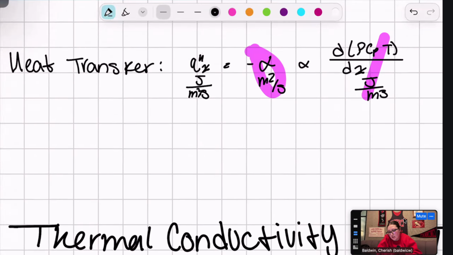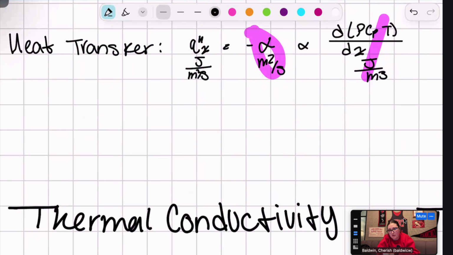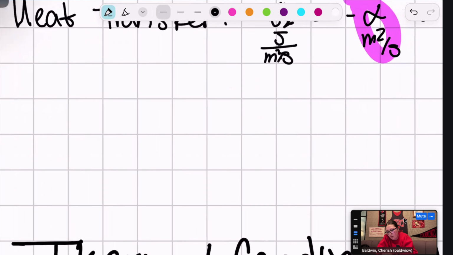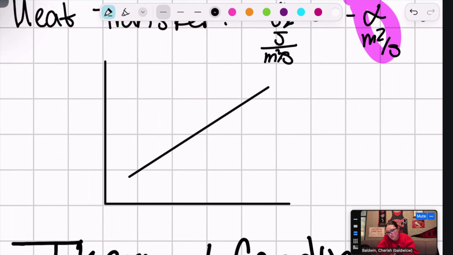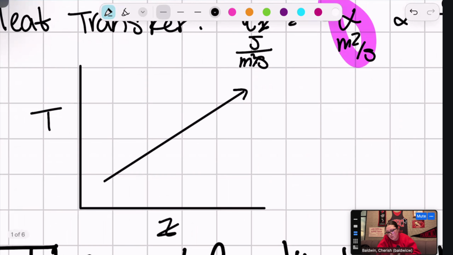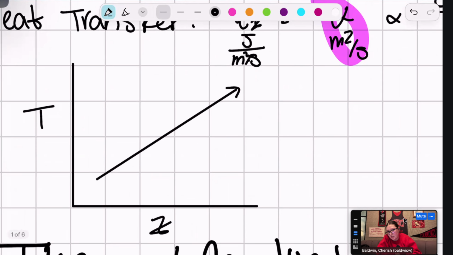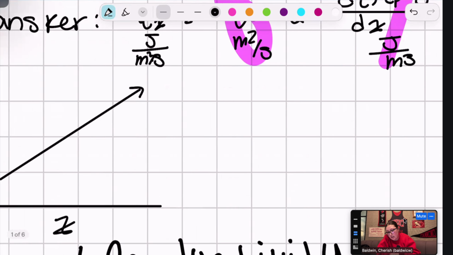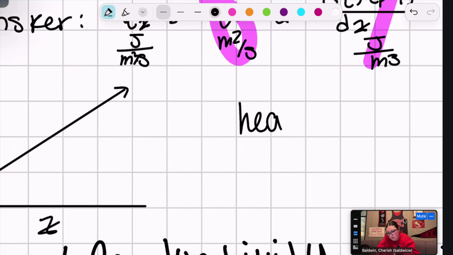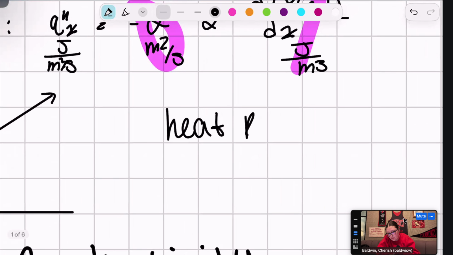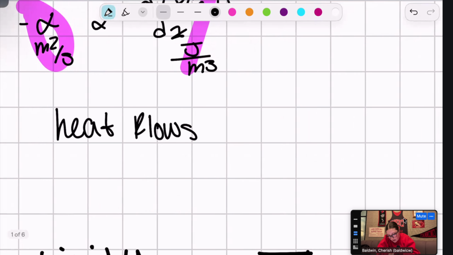The reason why there is a negative sign in front of diffusivity is, when you think of a temperature gradient, as temperature increases over a distance, heat flows in the opposite direction.